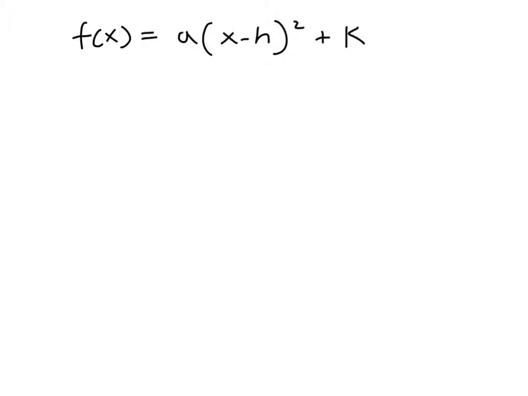Now let's talk about the properties of the standard form of a quadratic function. First, this is a parabola. By parabola, I mean when you graph it, you have this U shape, either up or down. Second, we know the domain.